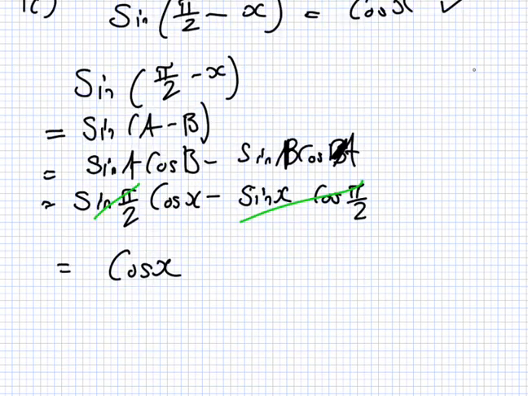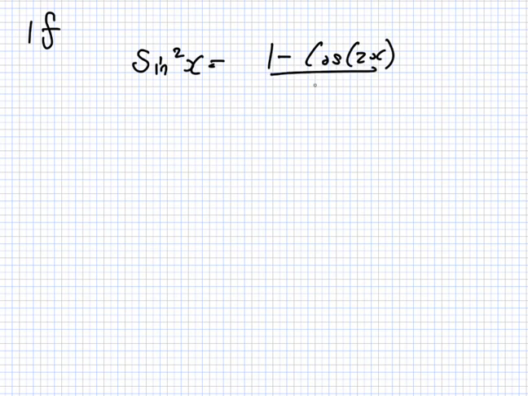Yeah. So next example, we'll do 1f. And you want to show that sine squared x equals 1 minus cos 2x all over 2. So I feel in this example it's probably better to start with the right, because I can see what formula I can use on the right, because I have a cos 2x. So if I start on the right, I have 1 minus cos 2x over 2.